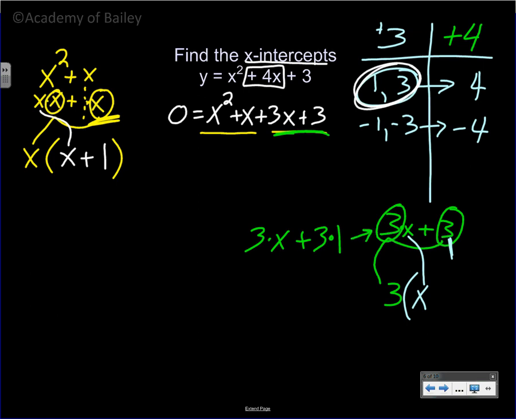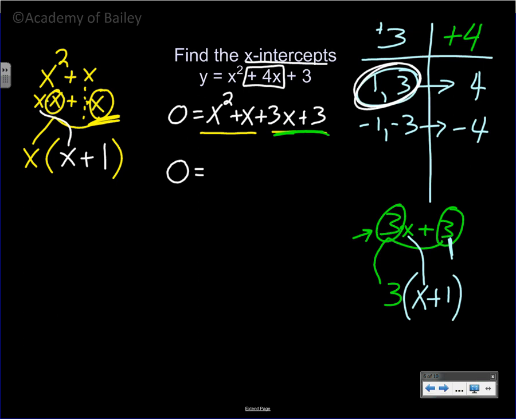So when you circle this 3 to bring it outside, you have x and you have 1 that will go inside the parentheses, like that. So that's what you're looking at. And let's go from there.